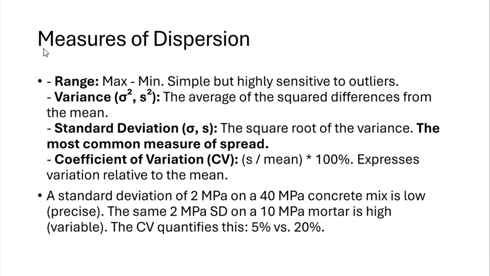It's a very low value, right? If you calculate the coefficient of variation in this case, how much will it be? 2 upon 40. And the same here, if it is 2 megapascal on a mean of 10, then it will be 20%.